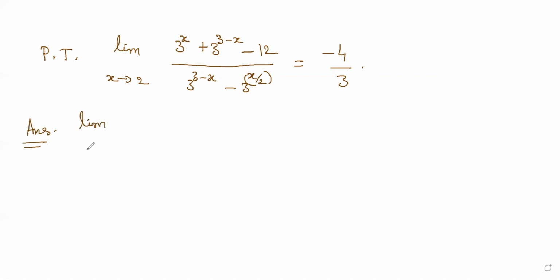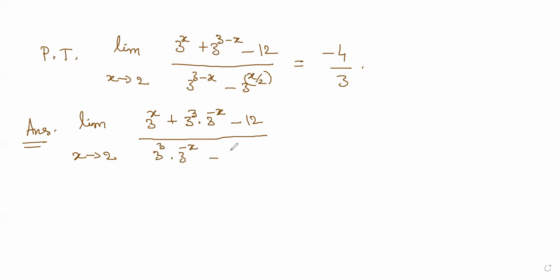We know that there are some hurting terms in this one, so we have to remove the hurting terms by some means. So we write 3 to the power of x plus, we can write this as 3 cube into 3 to the power of minus x minus 12, whole divided by, we'll write first 3 cube into 3 to the power of minus x, minus 3 to the power of x by 2.